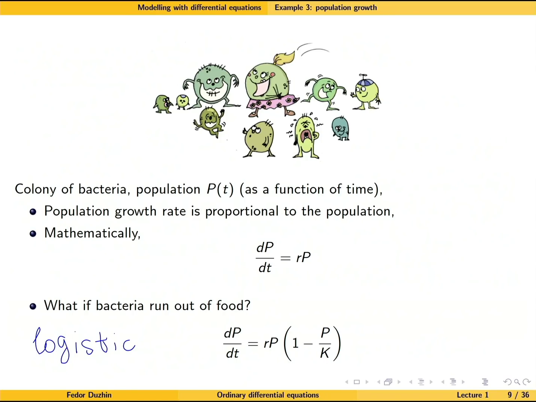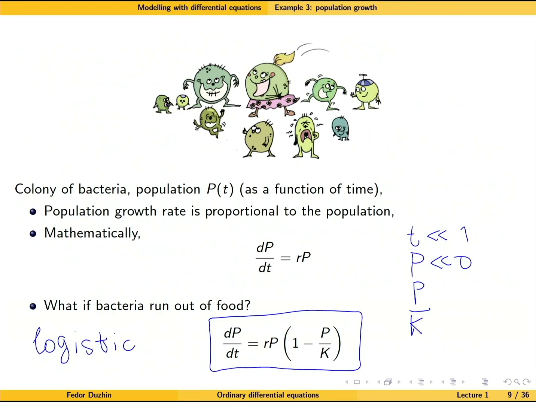So suppose that we look at this differential equation. We want to see what happens when t is small, in the beginning of the process, right? So when t is small, if t is much less than 1, then the population of bacteria is now very, very small also, which means P over K is almost 0.